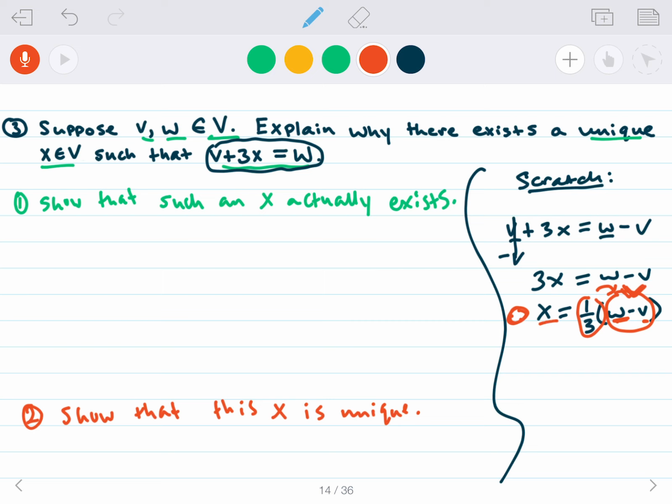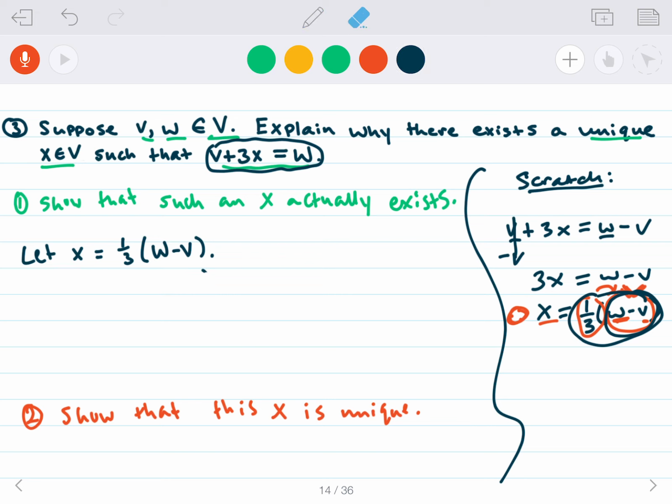Therefore, x is definitely in V. So we can start our proof by saying let x equal 1/3 times W minus V. X is in capital V because W minus V is in capital V by closure of addition, and 1/3 times this is in capital V by closure under scalar multiplication.